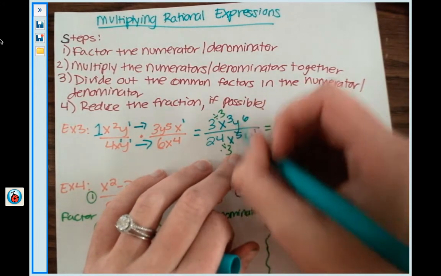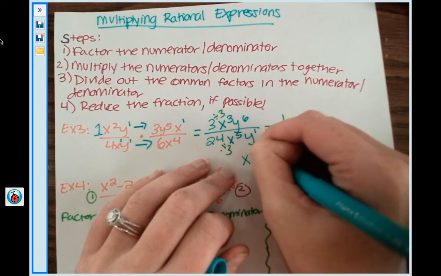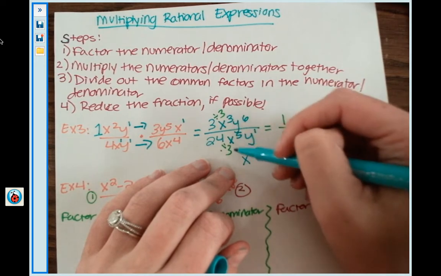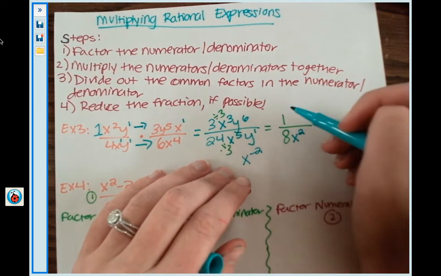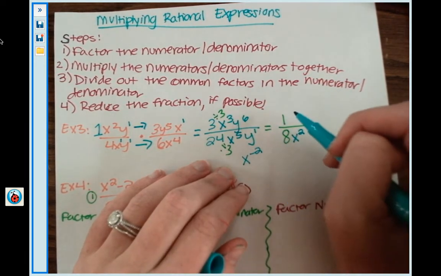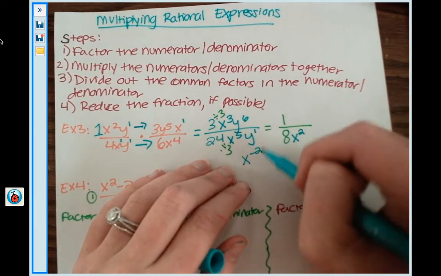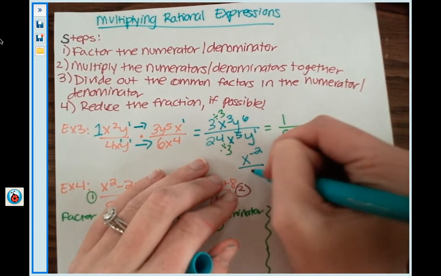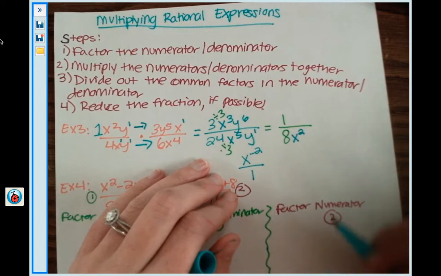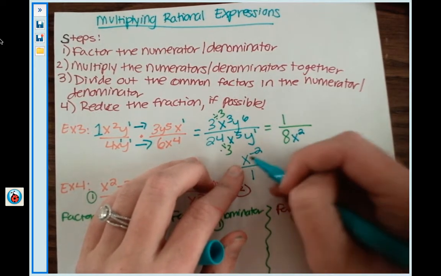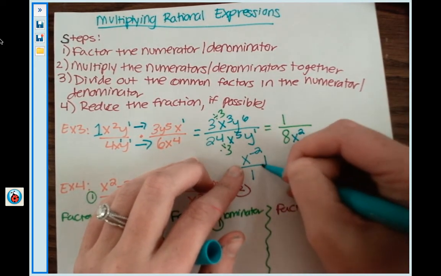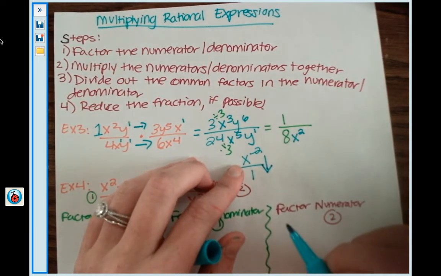When you subtract the exponents, that number technically goes in the numerator. So this is technically x to the negative 2 over 1, but we can't have negative exponents. So to make it positive, we just shift that down to the denominator.